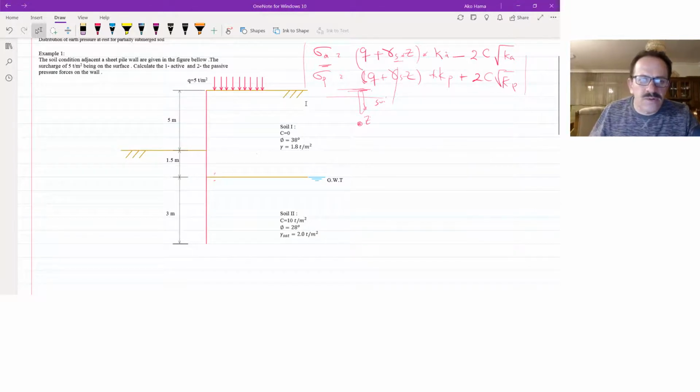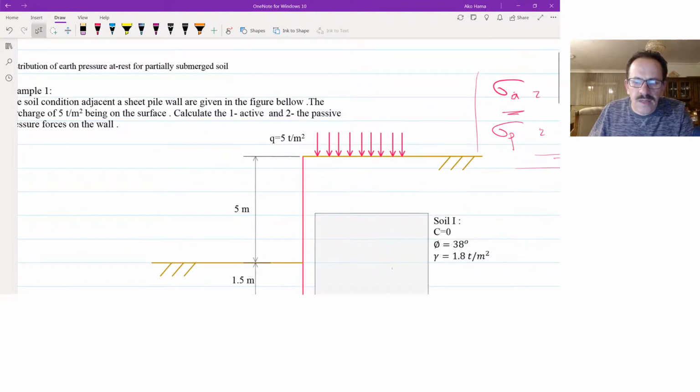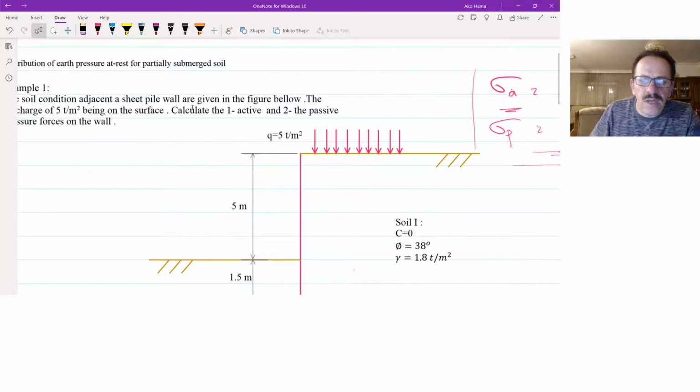Now for this, I have prepared an example for you. As you can see in this example, we have a surcharge, meaning that we have a building or any structure here, and this structure has a load on it. This is called surcharge, and this surcharge has a load of 5 ton per meter square.